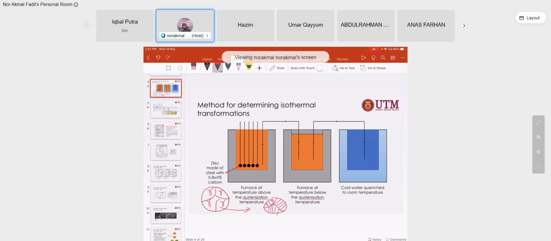But the pearlite size, the grain size of pearlite might be different if you change drastically, okay, to this temperature, not to the room temperature, but from, let's say, 740 degrees Celsius, you change it into 550 degrees Celsius.